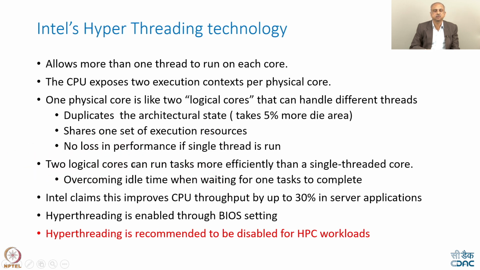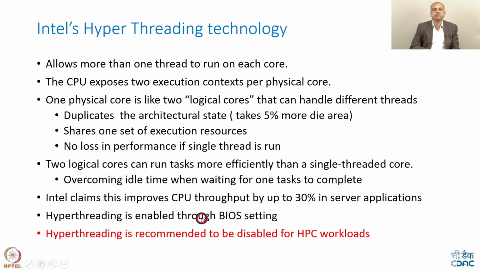So, this tries to make sure that the idle time is reduced, because when 2 threads are in hyper-threaded mode run on a single physical core, then in that case you are going to improve the performance. Intel claims that this goes up to 30% in certain workloads.